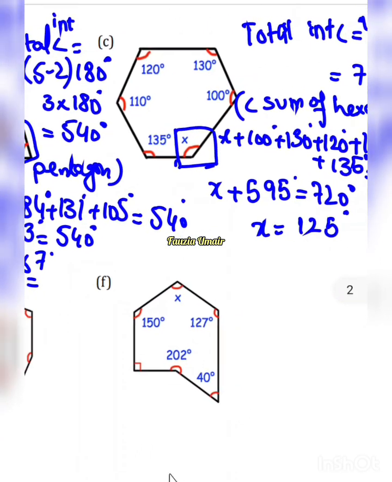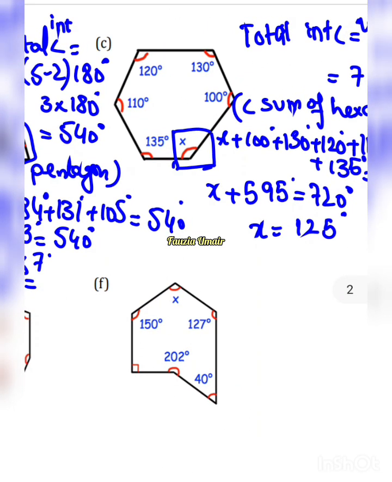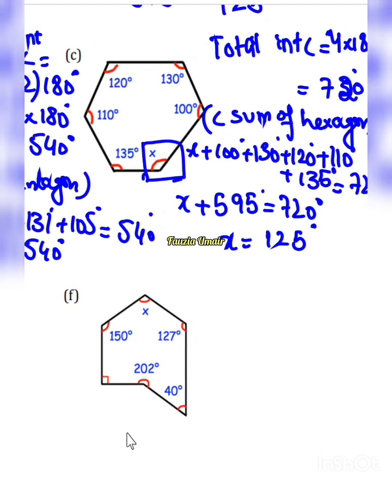So moving on to this question. Look at this F part. You can see that this angle is more than 180 degrees. So what kind of polygon is this, if you can recall? It's a concave polygon, a very special polygon where at least one interior angle is more than 180 degrees.